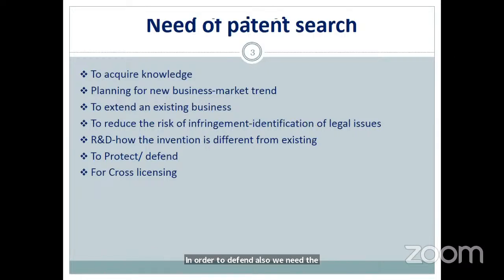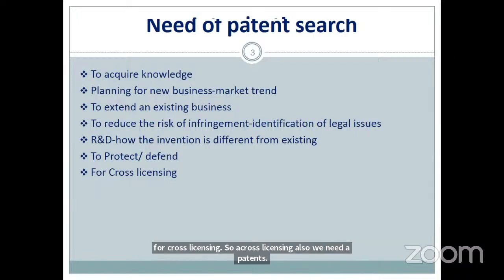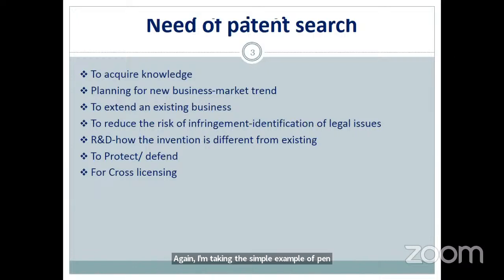And then for cross licensing also, we need a patent search. Suppose again, I'm taking the simple example of a pen manufacturing company. So you have a pen manufacturing company, and you begin your business. Okay. Now you want to extend with the pen cap. Okay.